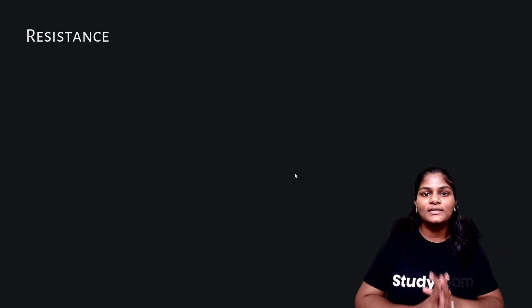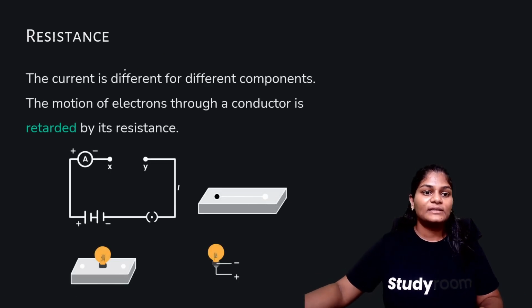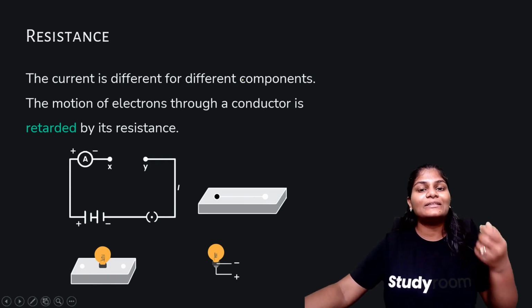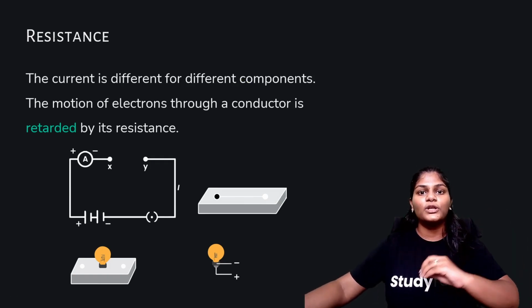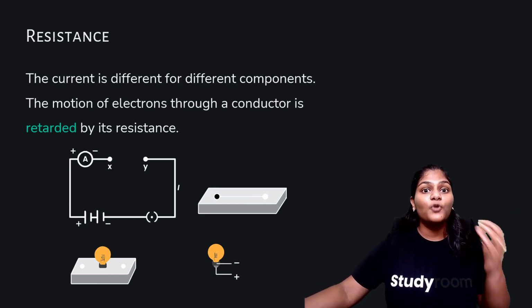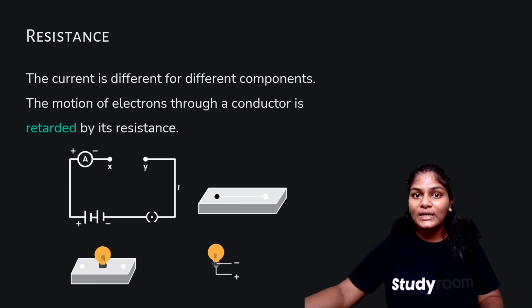So what exactly is this resistance? Let's see. Your PPT says that the current is different for different components. That means even if 1 ampere is flowing through different components, say a copper wire and a nickel wire, it would flow in a different way. Why? Because the motion of electrons through a conductor is retarded by its resistance.